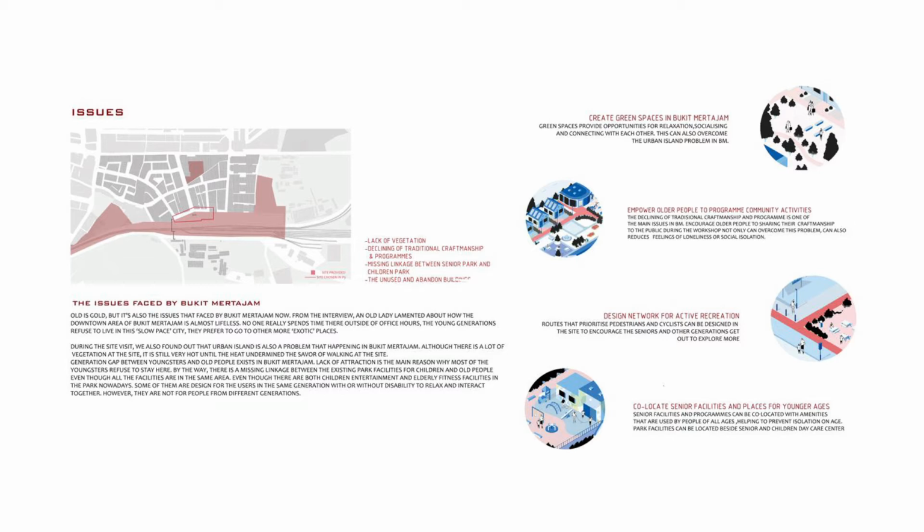And third, design a network for active recreation, for example a cycle path, pedestrianized area, pedestrianized path, and also collocated senior facilities and places for younger ages. Senior facilities and programs can be collocated near the children's facilities and programs to make the connection between these 2 different generations.